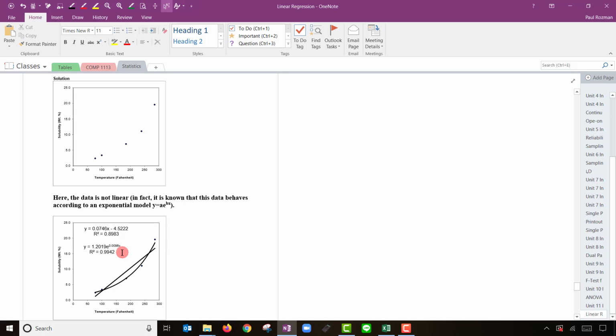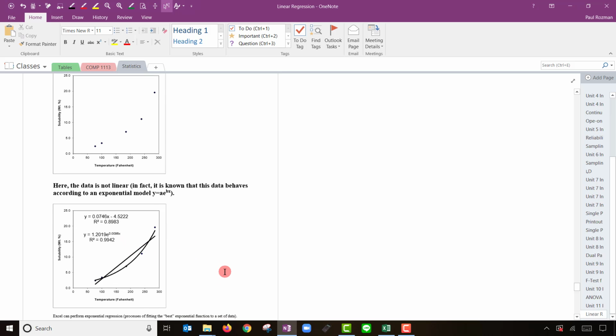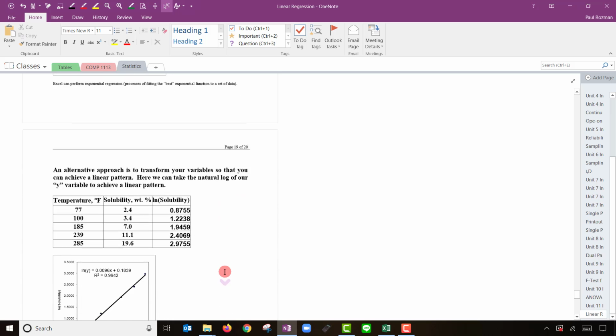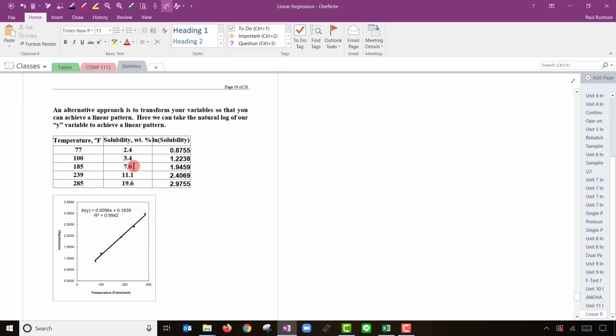So that's one option, is to just use a different model. But maybe you really are set on it being linear. You could do a transformation. I took the data and I took the natural log of the solubility to straighten it out.